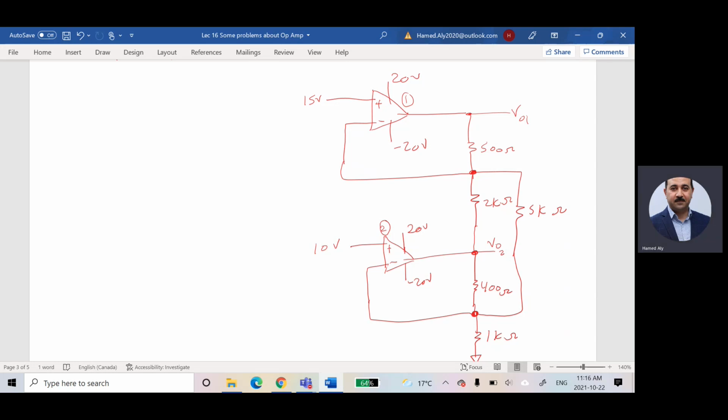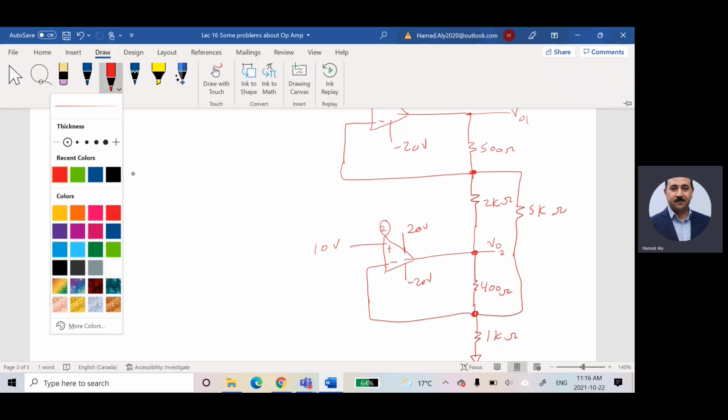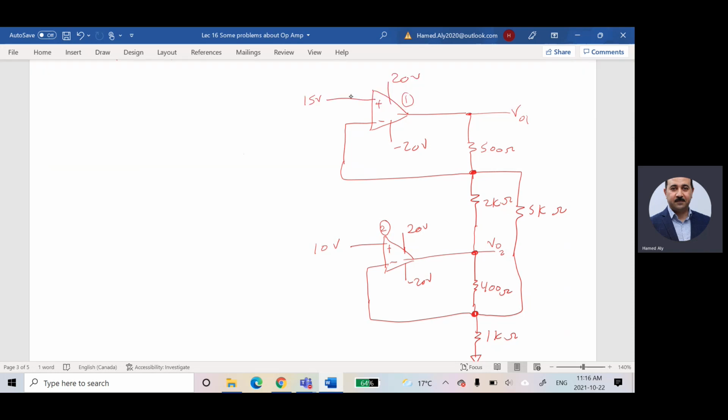Then I will define the voltage for each. So I will change the color to make it easier for you. So this voltage is VP. Are you seeing that color, guys? This guy is VP1, and this guy is VN1, and this guy is VP2, and this guy is VN2.